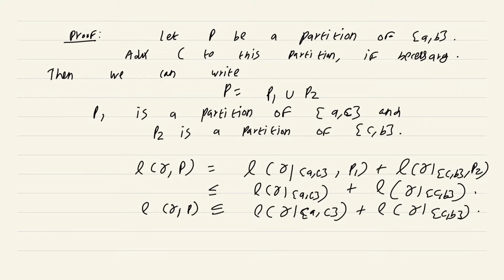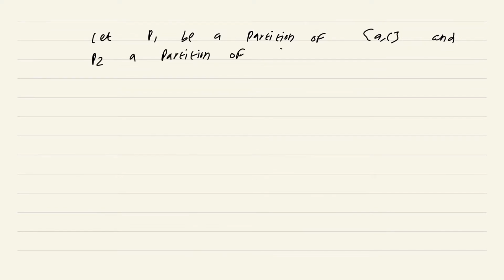Now we'll have to show the other side. And the other side is equally trivial. Let P1 be a partition of [A, C] and P2 a partition of [C, B]. Then obviously P1 union P2 is a partition of [A, B].